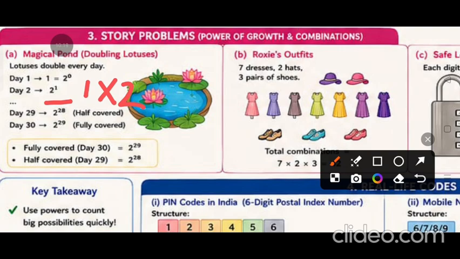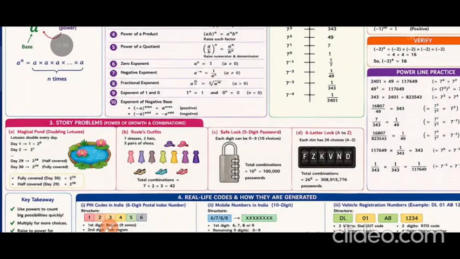So what we are observing, day 1 has 2 raised to the power 0. Day 2 has 2 raised to the power 1. Day 3 has 2 raised to the power 2. So we are getting first day exponent 0, second day exponent 1, third day exponent 2.